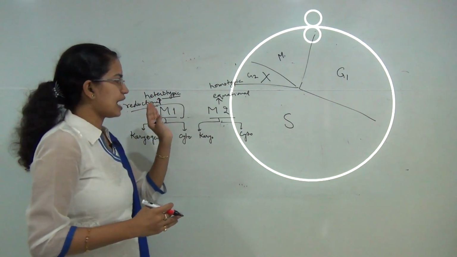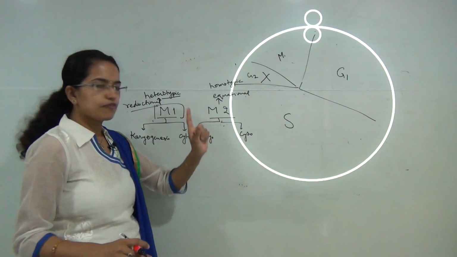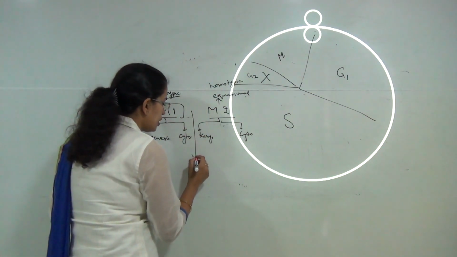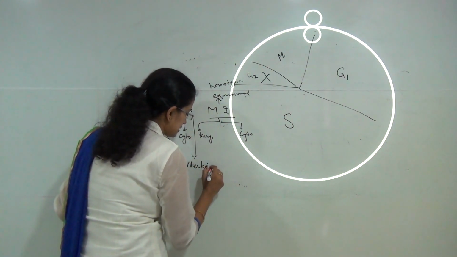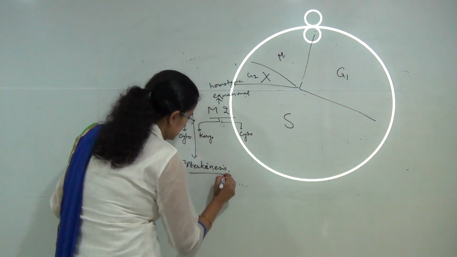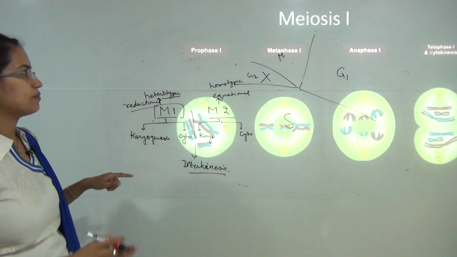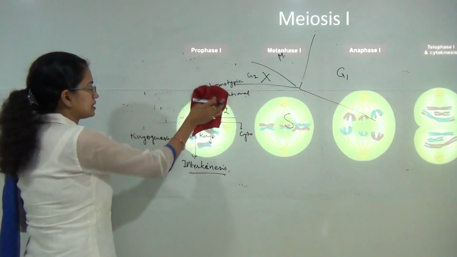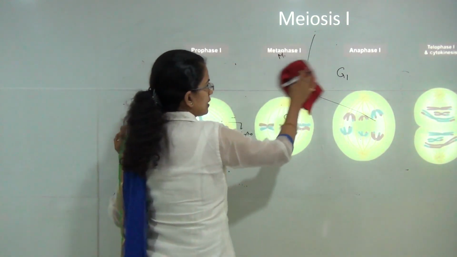Now let's understand the two phases of meiosis 1 and meiosis 2. Before that, one more important point: between meiosis 1 and meiosis 2 you have an intermediate phase known as interkinesis, which we will see after we study meiosis 1. Now let's move on to meiosis 1. Under meiosis 1 you have four stages: prophase 1, metaphase 1, anaphase 1 and telophase 1.